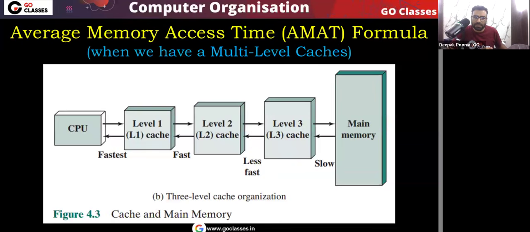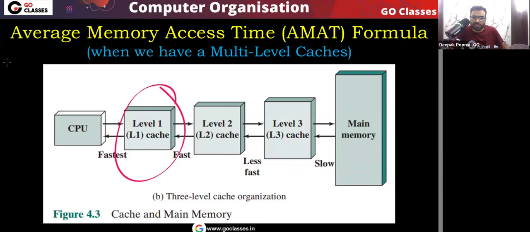Remember, the concept is same. For every memory request the CPU generates, we will always check the L1 cache first. So when the CPU generates the memory request, we go to the L1 cache. We find whether there is a hit or a miss. If there is a hit, then immediately the data is sent to CPU. But if there is a miss, then we have to pay the penalty. What is the penalty?